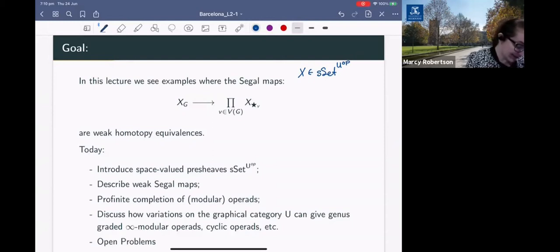So the goal for today, as you can see, is kind of a long list of stuff, so it's going to be a bit chaotic, so that we are prepared for the third talk. I'm going to talk about space valued pre-sheaves, graphical spaces, to align more with the dendroidal language.